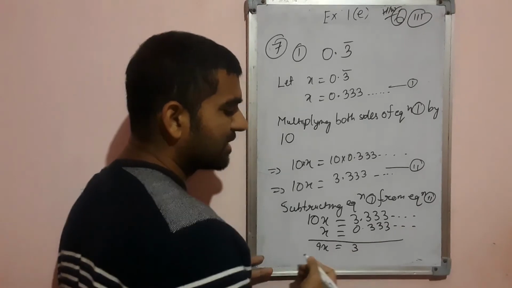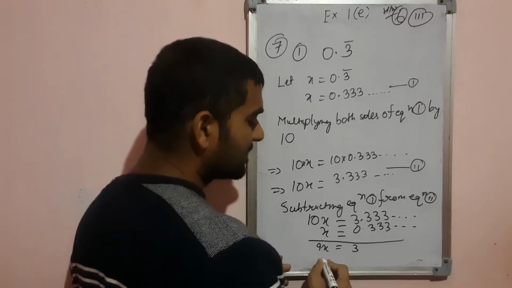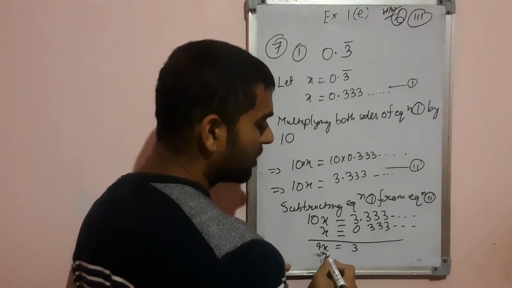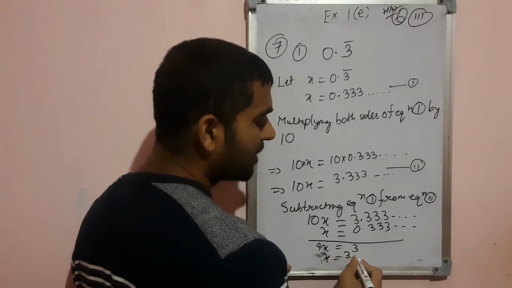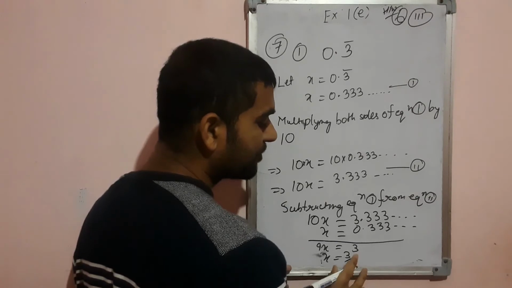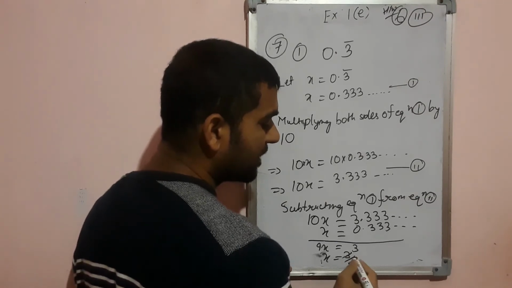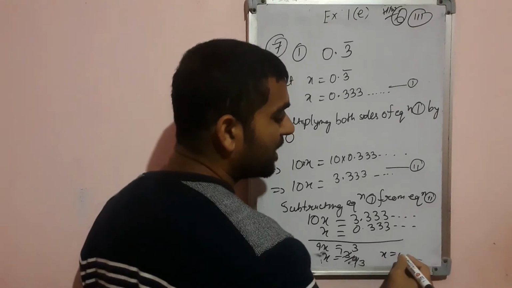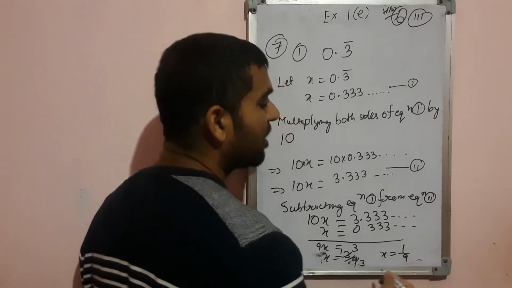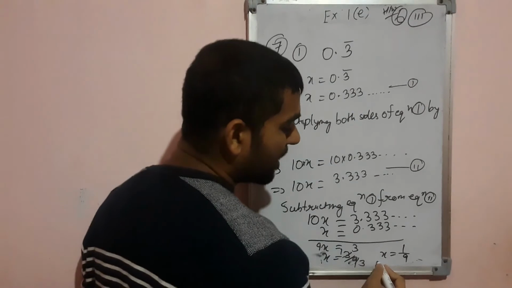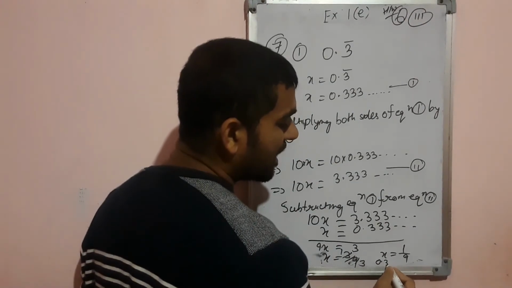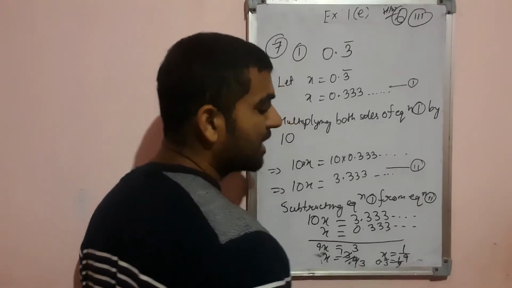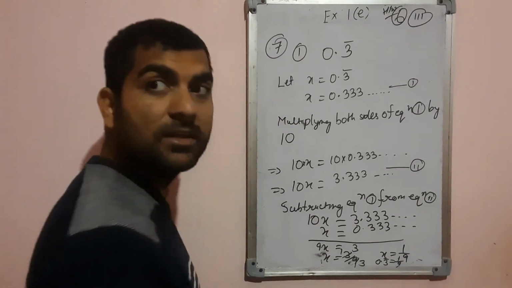So 9x equal to 3, next step x equal to 3 by 9. Cancel it. 3 1s are 3, 3 3s are 9, means x is equal to 1 by 3, so 0.3 bar equal to 1 by 3, right? So this is your answer.